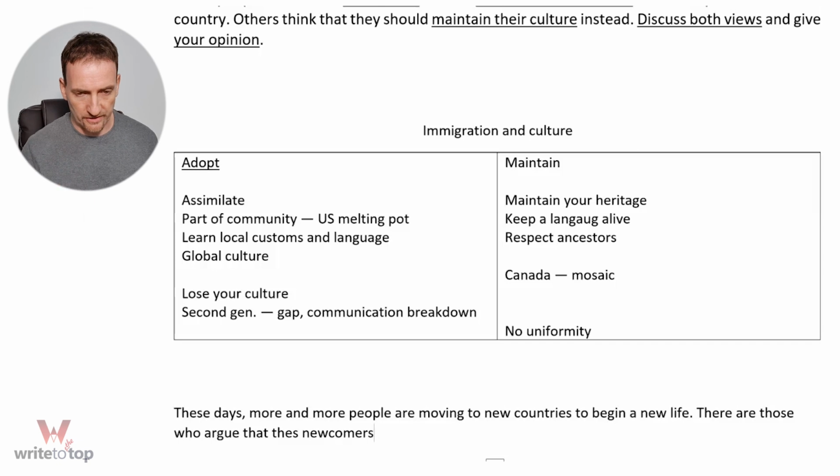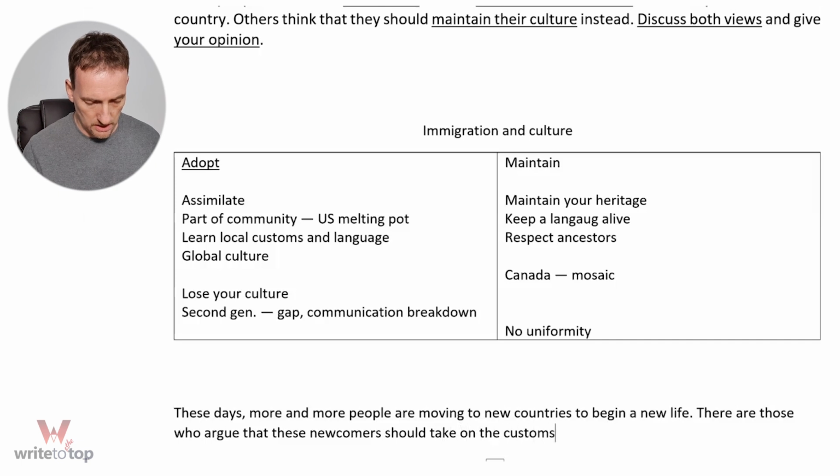Don't want to use the word immigrants too often in this essay. There are those who argue that these newcomers should adopt, synonyms, take on the customs of their host nation.